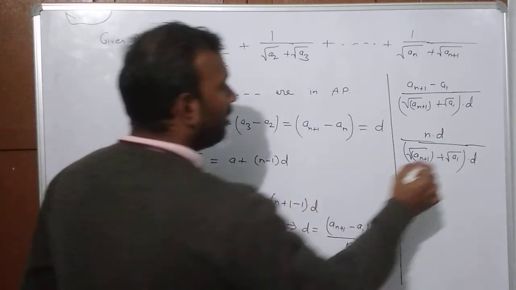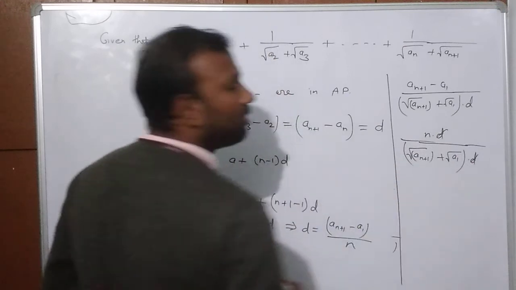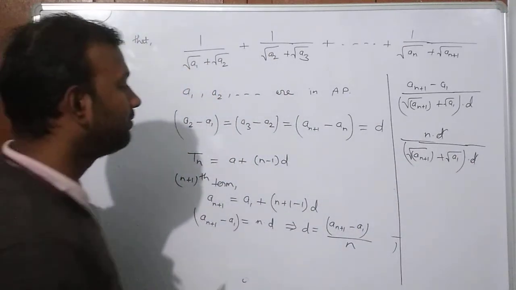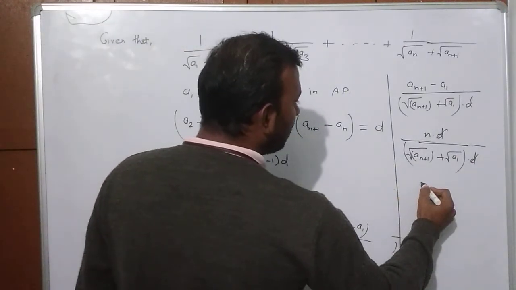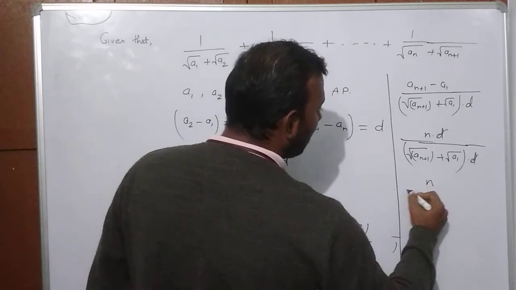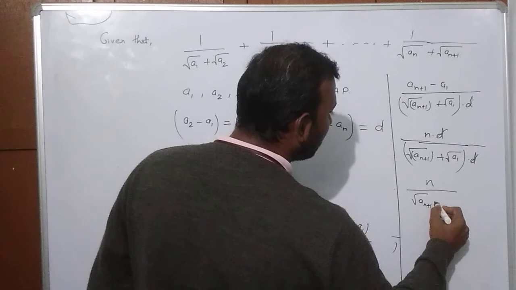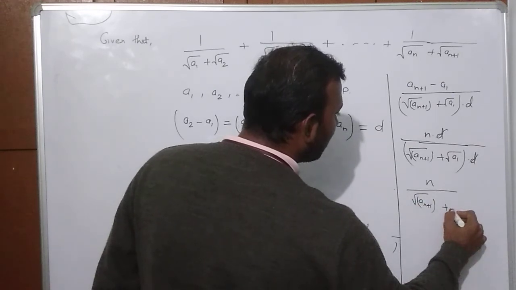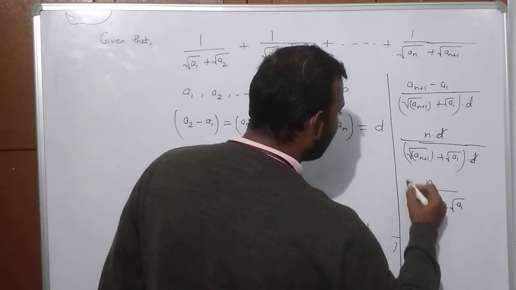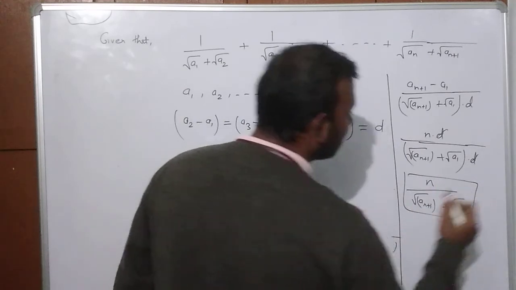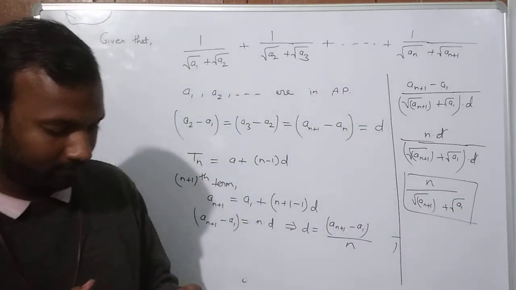We will cancel it out, leaving the remaining one. So what we have now is n upon under root a n plus 1 plus under root a1. This is our answer. Okay.